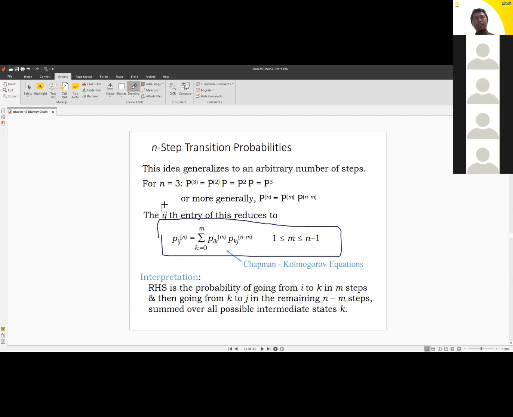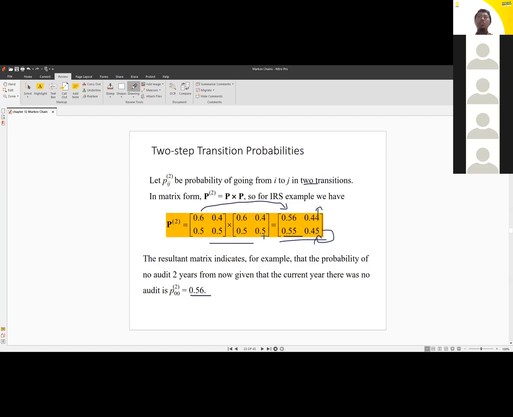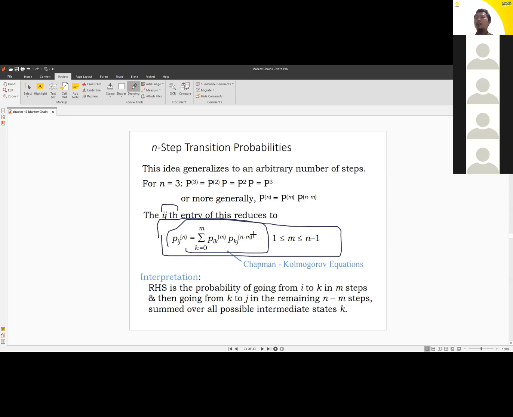Each ij entry, meaning the ij element, can be computed part by part using this expression. If you understand matrix multiplication, there is no need to be confused about the Chapman-Kolmogorov equations, because this really represents matrix multiplication for each element.